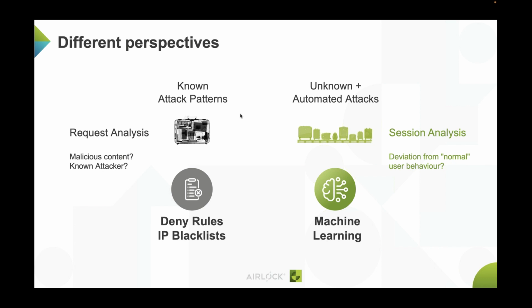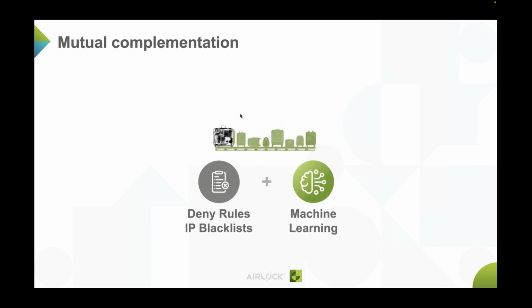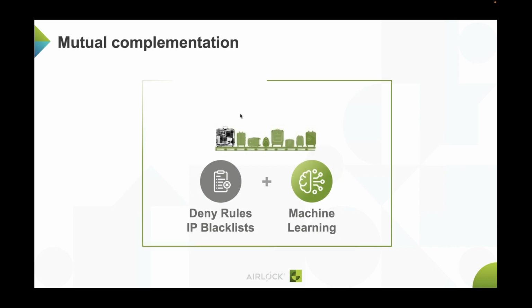If you have behavior, then you can define what is regular behavior. That would be the good bots and the human traffic that you have on your website. And knowing normal behavior, you can of course say, this is abnormal, anomalous behavior, and that's what you don't want. We're using machine learning mechanisms to achieve that. If we put those two things together, they complement each other.